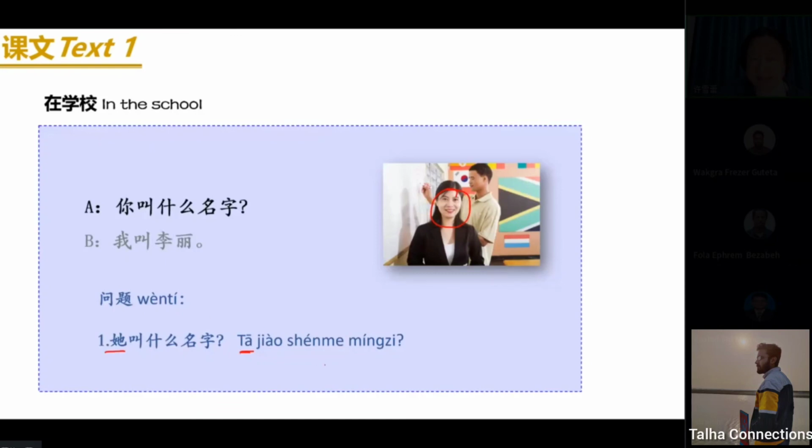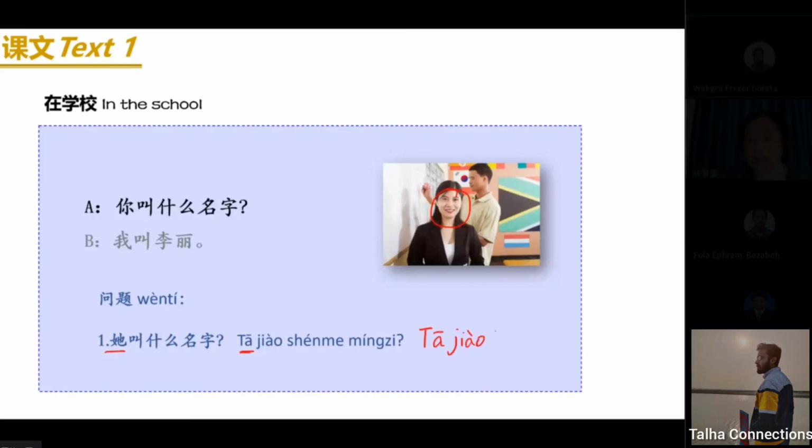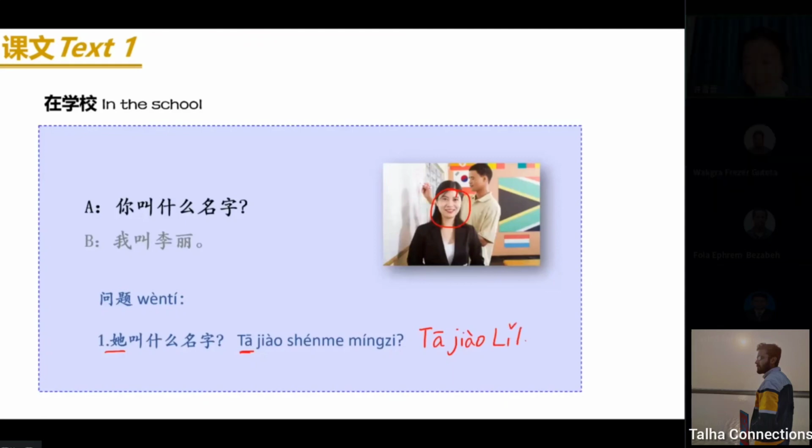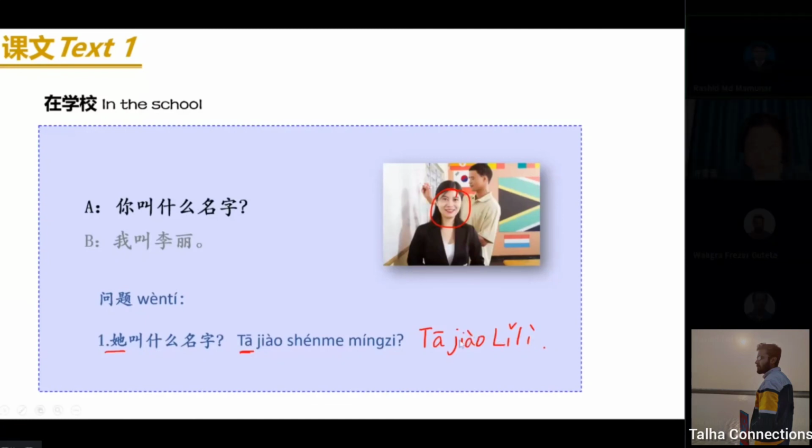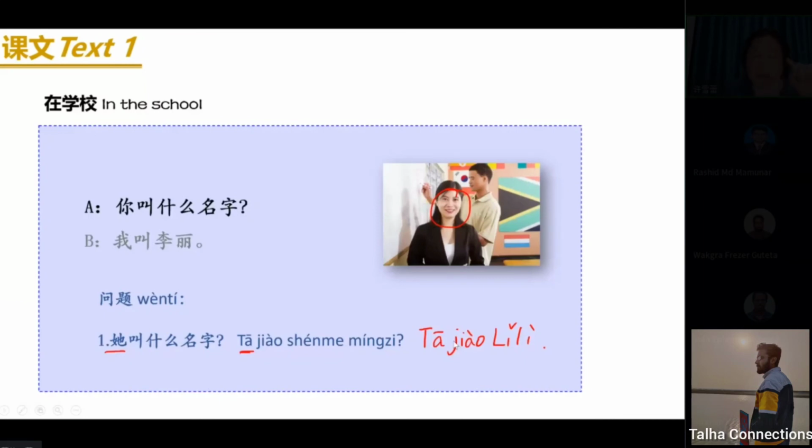他叫李丽。Very good. That's right. 他叫李丽。他叫 Mamunar. For he, for she, both are read 他.